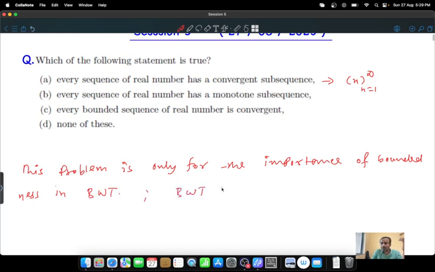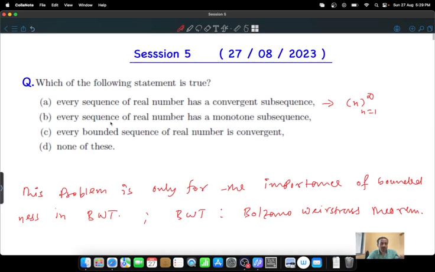Whenever I write BWT, that is the Bolzano-Weierstrass theorem. So for the first one, you have one counterexample, so this is not going to be true.